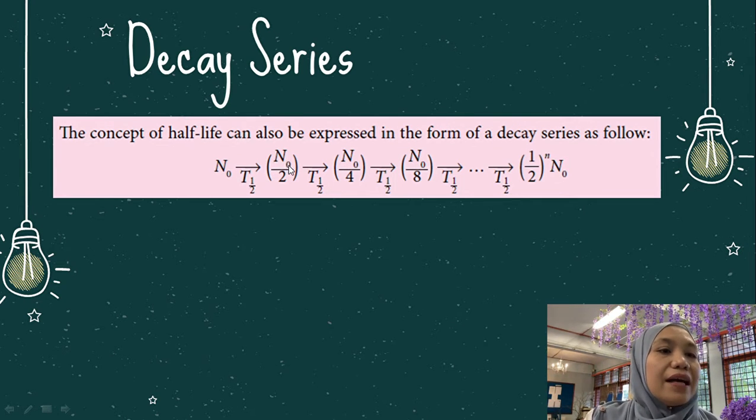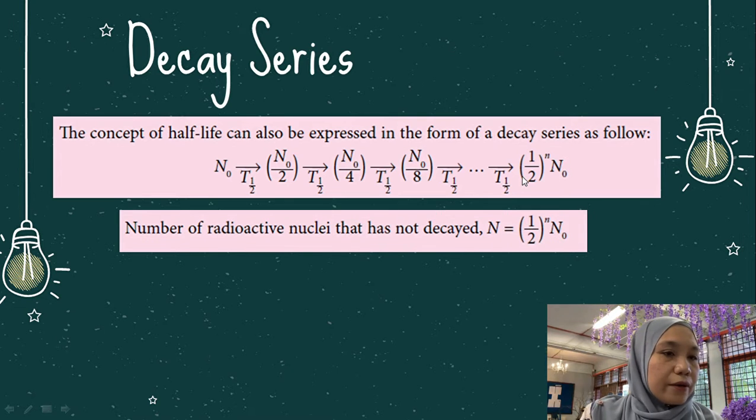After one half-life, the mass or percentage or number of atoms will become half of its initial mass, and after another half-life it becomes a quarter, and so on. Now, the number of radioactive nuclei that has not decayed, N, equals half to the power of n, times N naught.